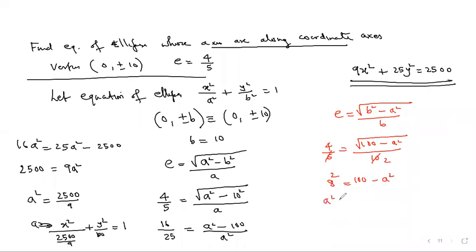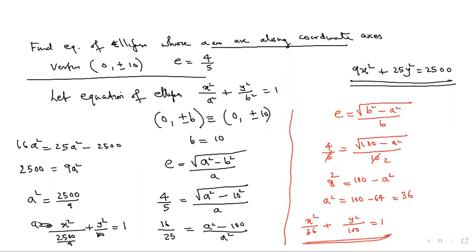So a square is 100 minus 64, so I would have got 36. In that case, my answer would be x square upon 36 plus y square upon 100 equal to 1. So this way also the answer can be. Both answers are correct. So depending on whether a is greater or b is greater, the answer will change.